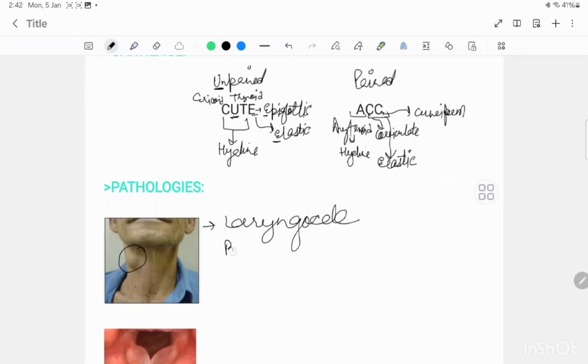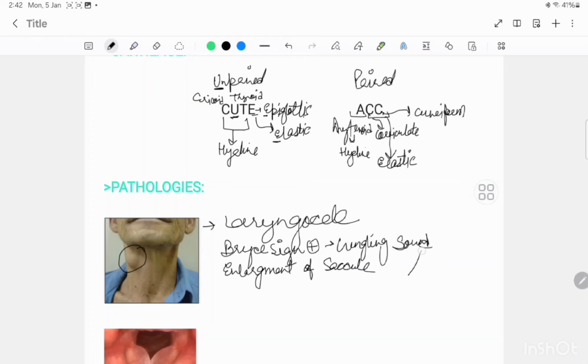There is a Bryce sign which is positive in these patients. Bryce sign is a gurgling sound produced on pressing the swelling. So it is positive over here. And it happens due to enlargement of the saccule. Saccule is a part of the larynx.